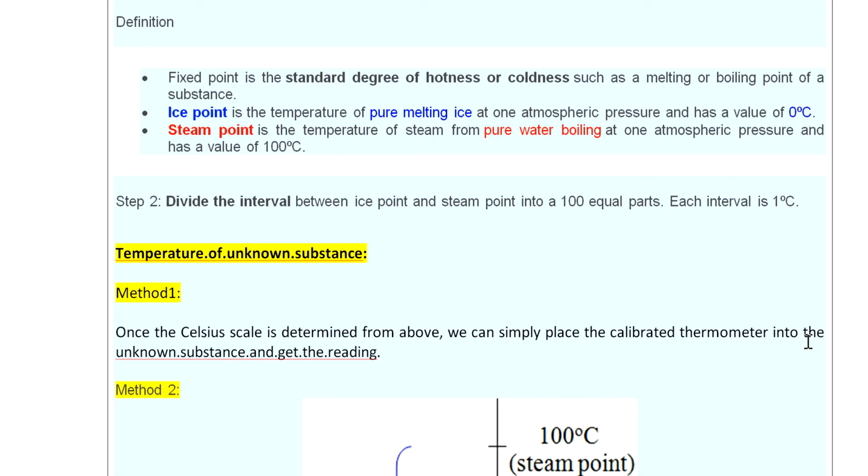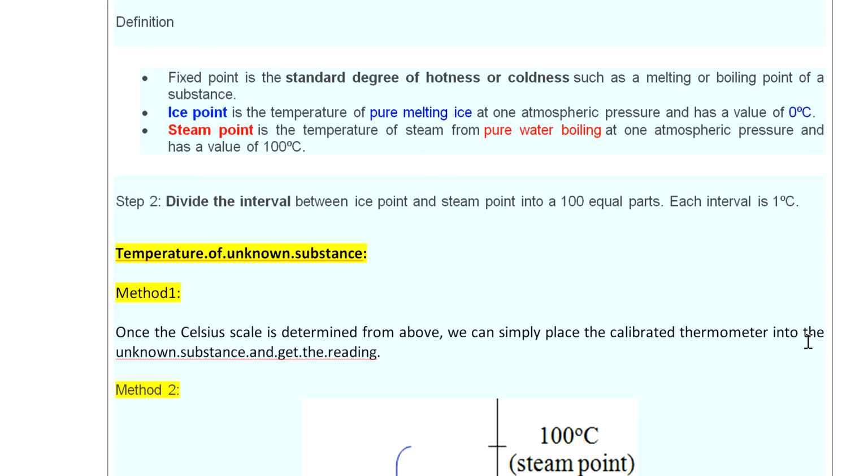So students, a fixed point is a standard degree of hotness or coldness. Standard degree means it is accepted by the whole world, and these points are marked worldwide everywhere. A standard degree of hotness or coldness such as the melting point or boiling point of a substance.